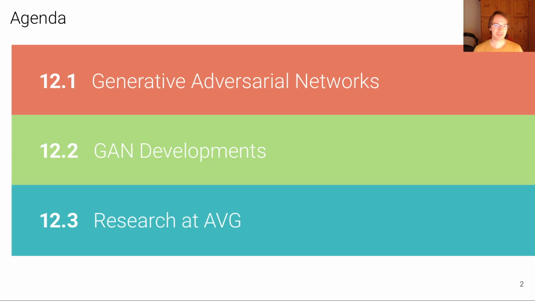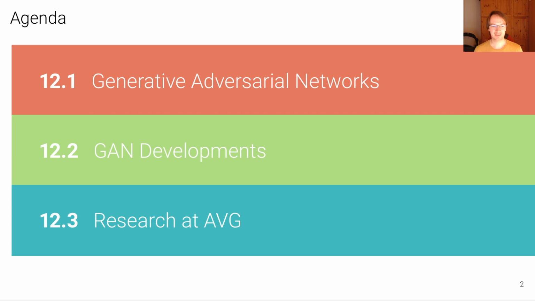This lecture is structured into 3 units. In the first unit, we're going to discuss the basic principles of GANs, and we are going to follow very closely the original Goodfellow paper. In the second unit, we're going to touch on more recent developments in the area of GANs, which is a field that's really exploding over the last couple of years.